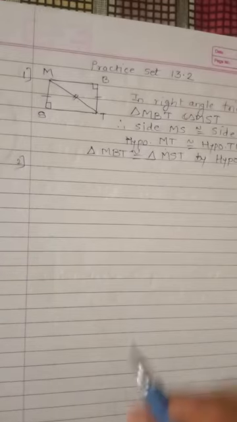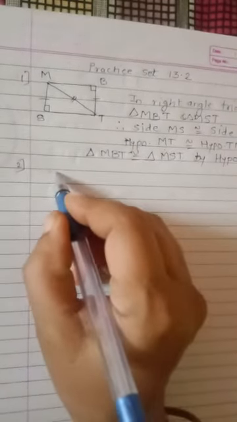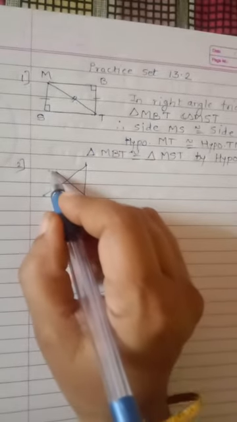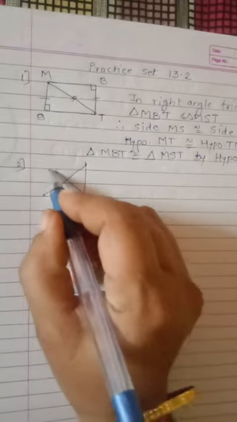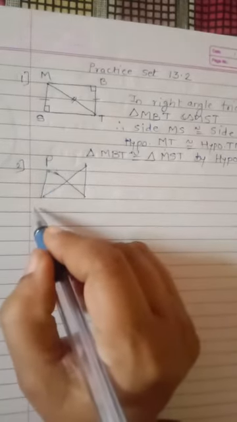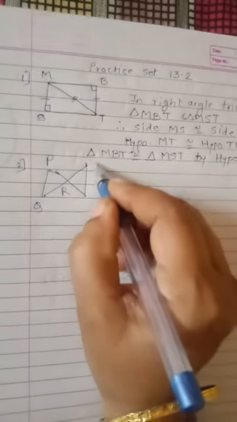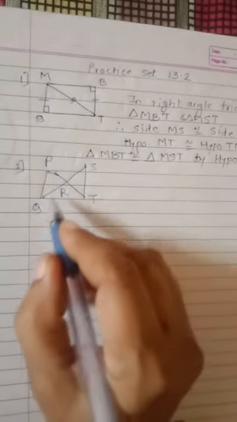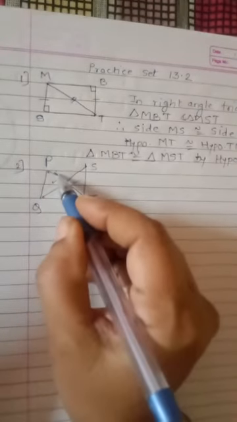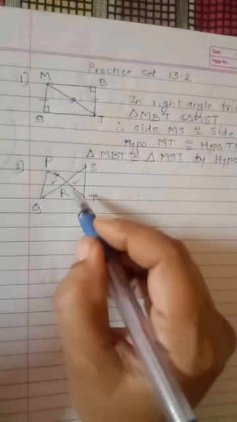In the second figure, triangle PQR and triangle RST. These are two triangles. This is the first triangle, this is the second triangle. In these triangles, side PR is congruent to side RT.